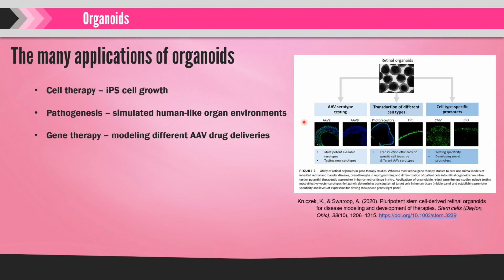So organoids are valuable in not actually testing and messing around with human organs, but with those simulated environments. That also relates to gene therapy, which we were just talking about. This involves testing out different drug delivery methods, like AAV, which I have a diagram of here, in these simulated human organoids.